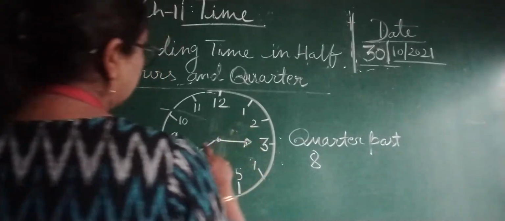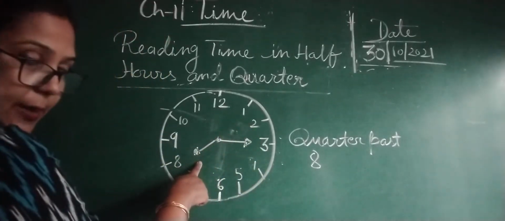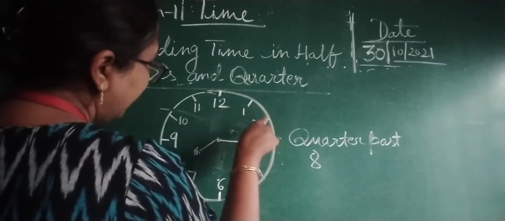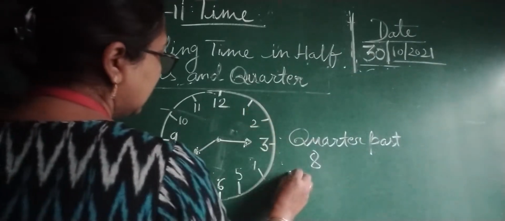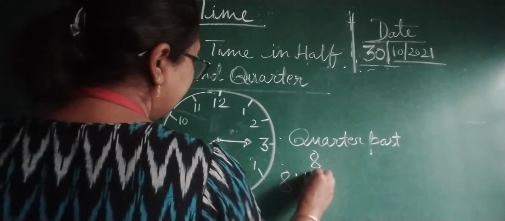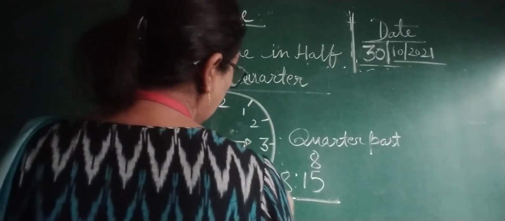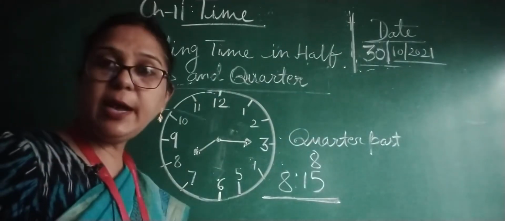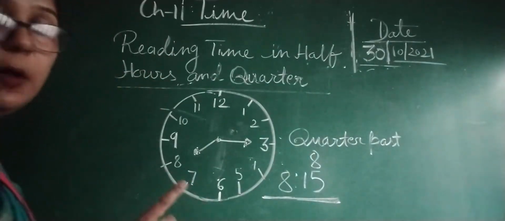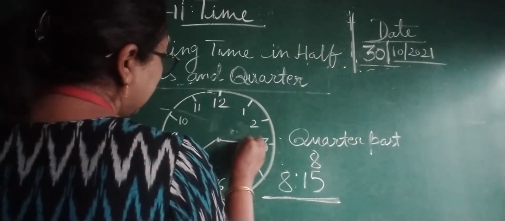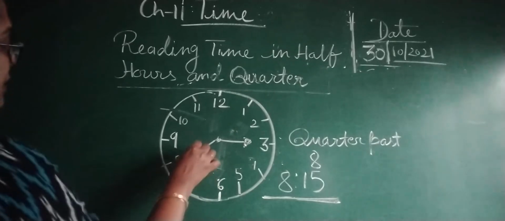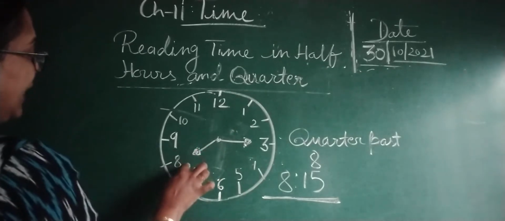Why will we call this 8:15? Because 8 बज चुका है. It means 8 o'clock is over. Now 5, 10, 15. This is 8:15. It will be written as 8:15. It means 8 हो चुका है and 15 minutes are over. That is why the minute hand is at 3 and the hour hand is in between 8 and 9.